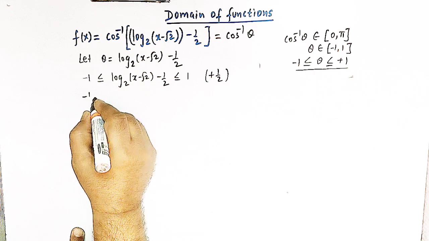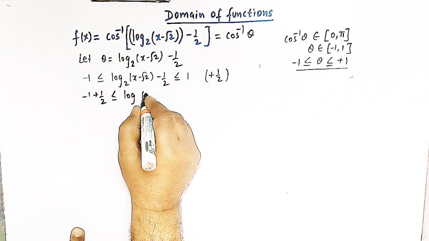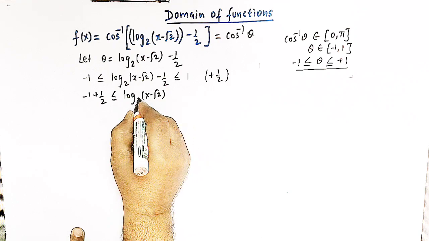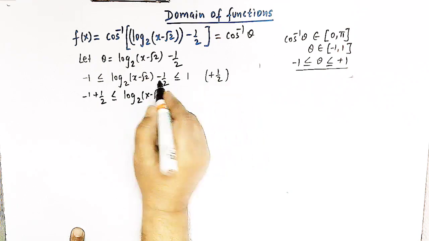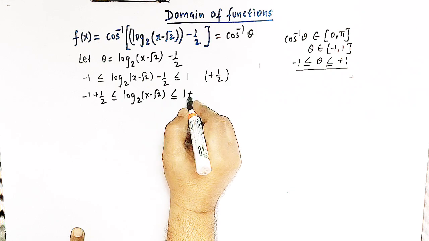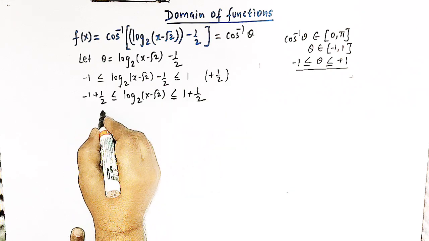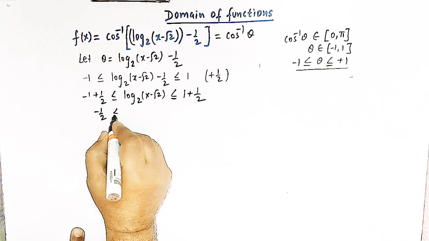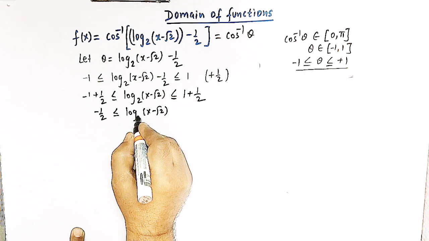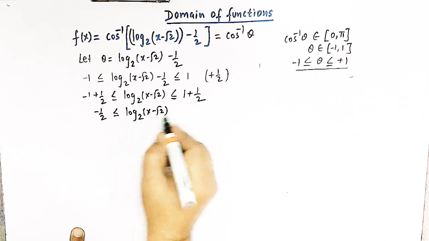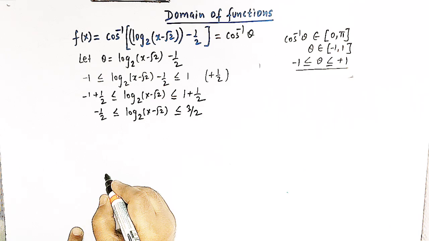So we have minus 1 plus half, and here we have log of (x minus root 2) to the base 2, and here minus half and half get cancelled, and here we have 1 plus half. So minus 1 plus half is minus half, and here we have log of (x minus root 2) to the base 2, and this is 3 over 2.